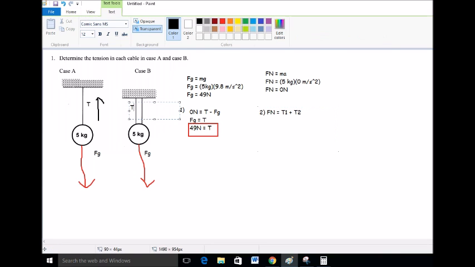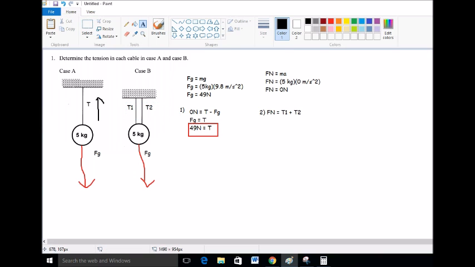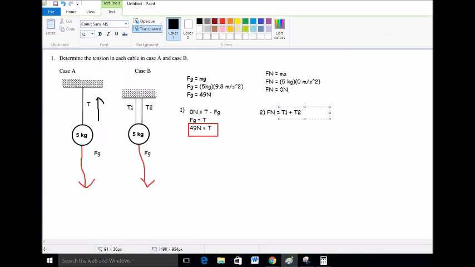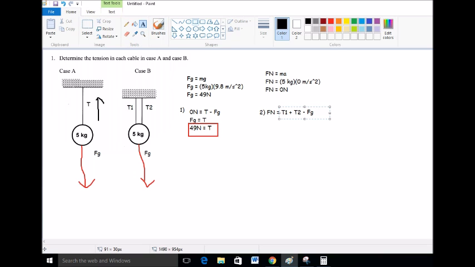Let's label that real quick, T1 and T2. So it will be T1 plus T2. Now because these two forces together are canceling out the force of gravity, it will be T1 plus T2 minus Fg, because they're going in opposite directions and creating an equilibrium.